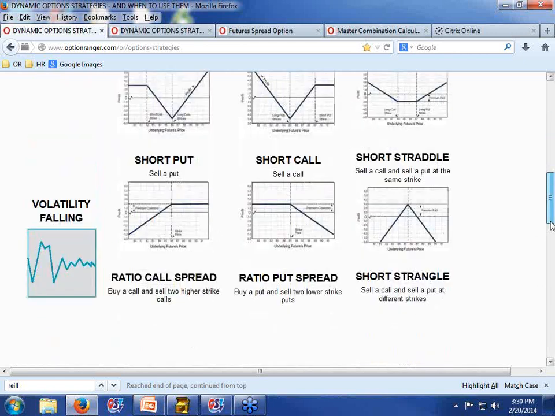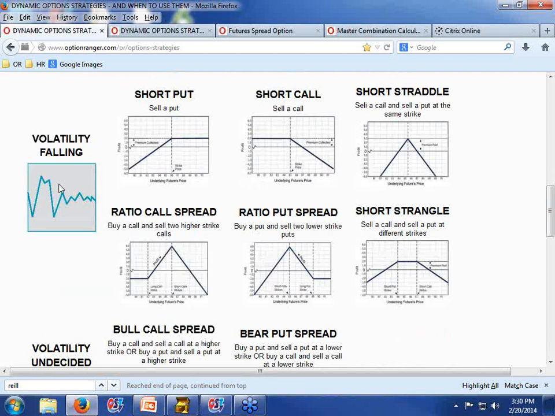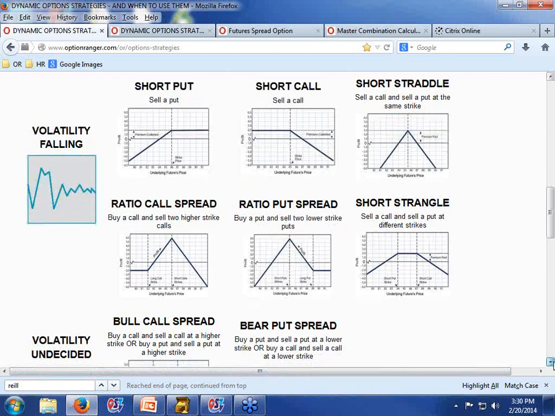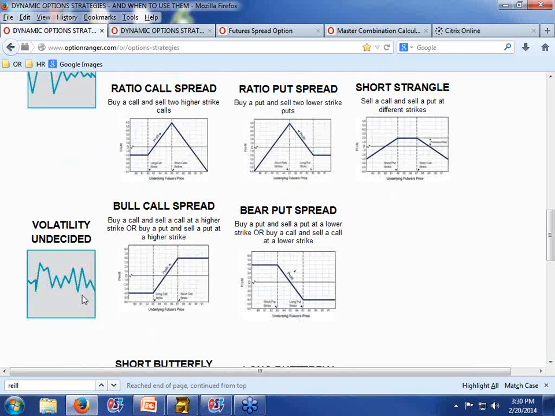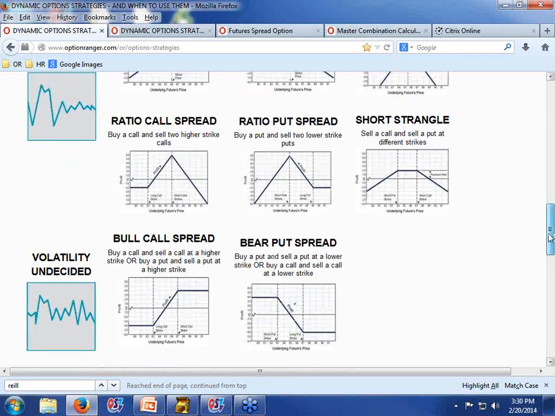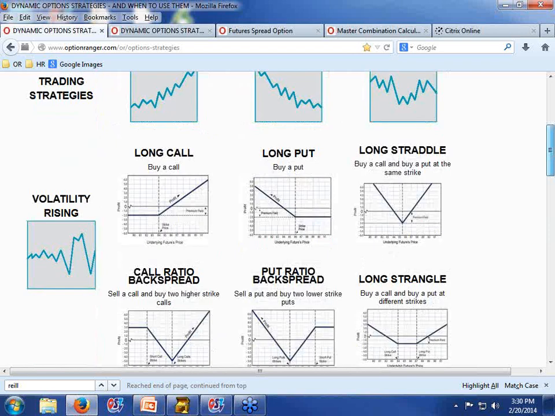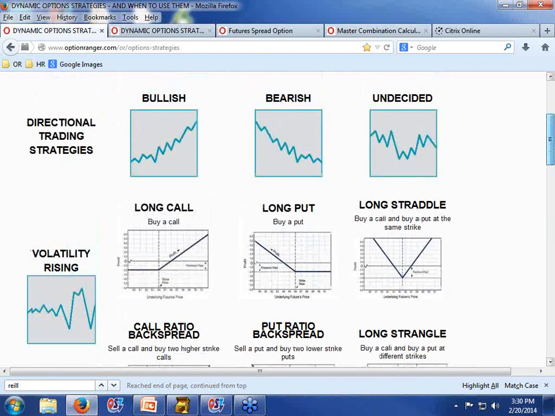Volatility can go down, which means that you expect a given market to move, but at a slower pace than it has in the past. And finally, volatility undecided, where you're not really sure what it's going to be. And as you can see, there are significant strategies that correspond to how your outlook is.